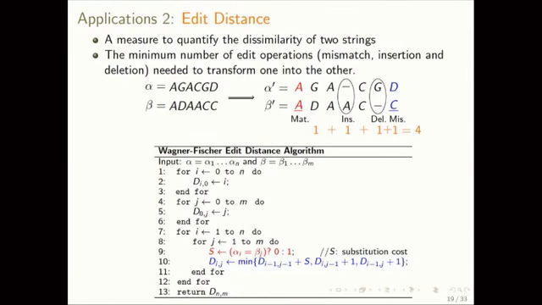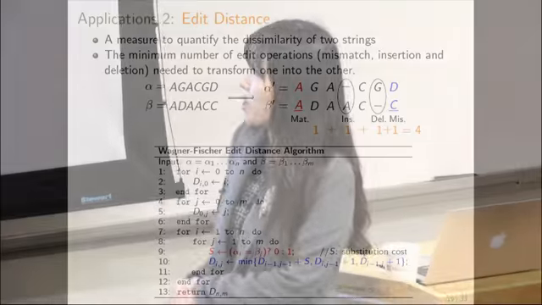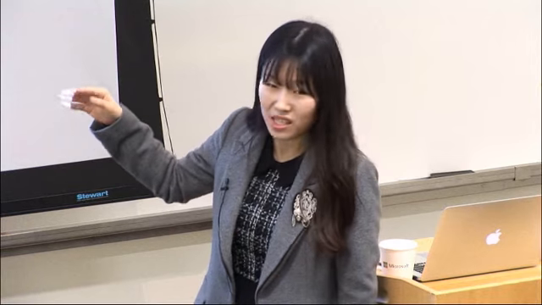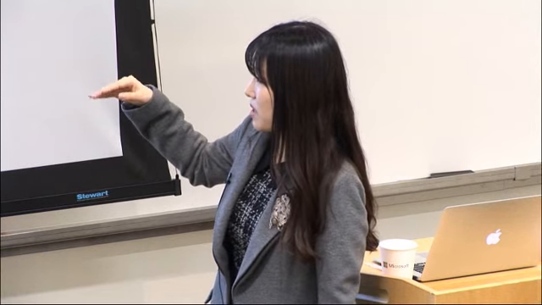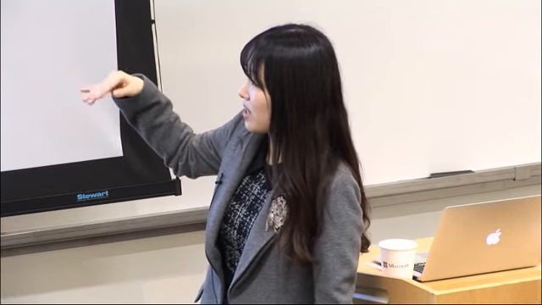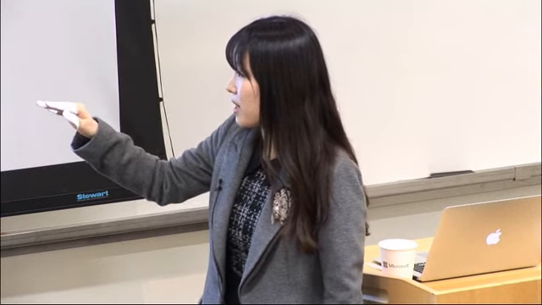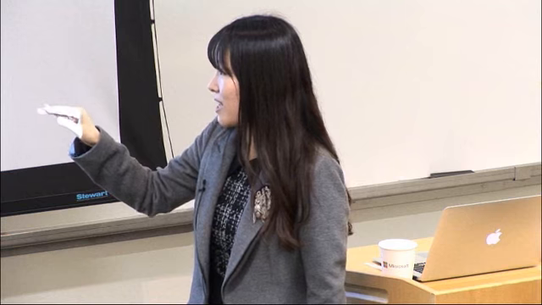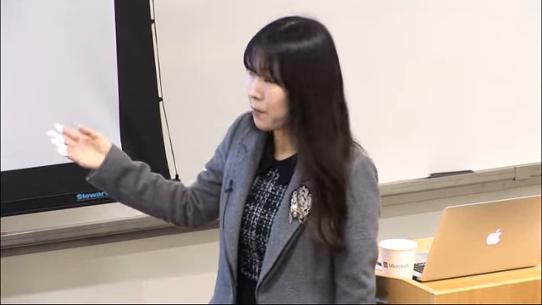And here is the concrete Wagner-Fischer edit distance algorithm. From 1 to 6, it's just the initialization step, and line 9 and 10 is the real computation step.